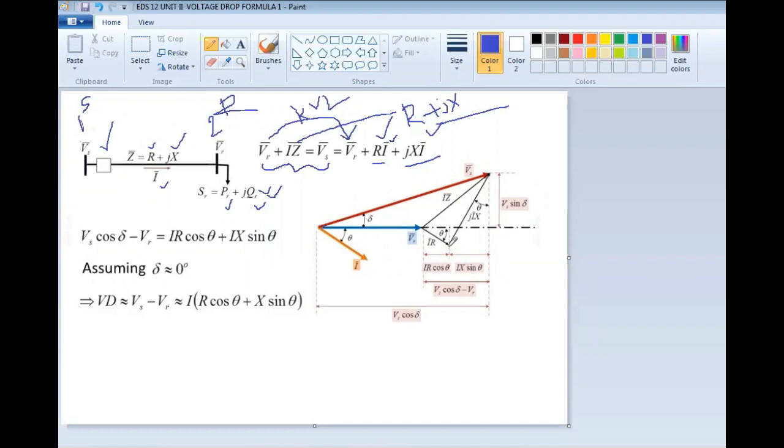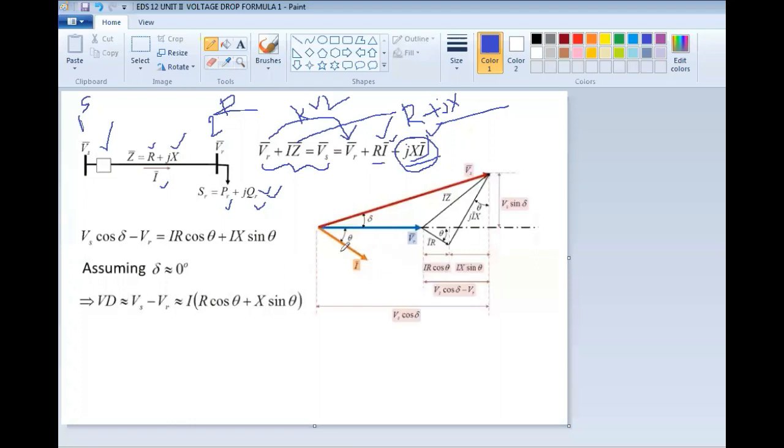That is IR, and the next one is the reactance drop. The reactance drop is J multiplied by I bar, and J means that the phasor is rotated by 90 degrees with respect to the current I.